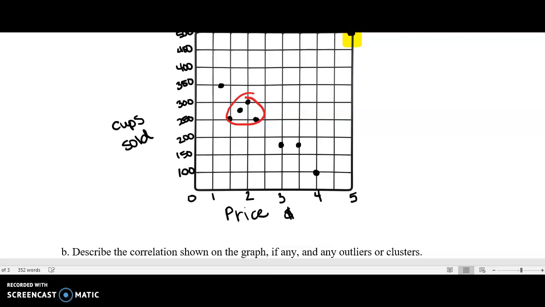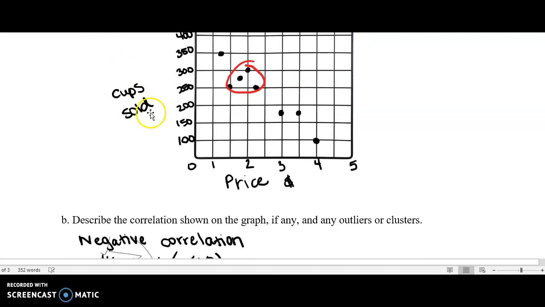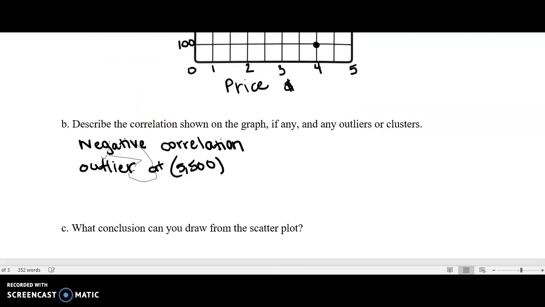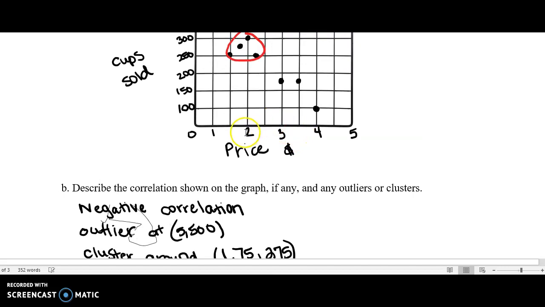They're pretty close together. So we could say that there is a cluster around, say, 1.75, 275? Let's look and check that. 1.75, 275. Yeah, right around in there.